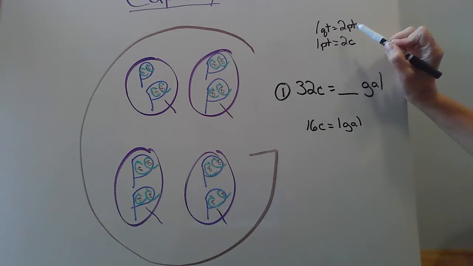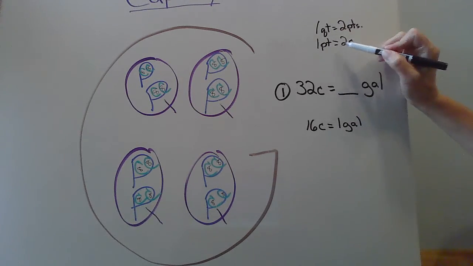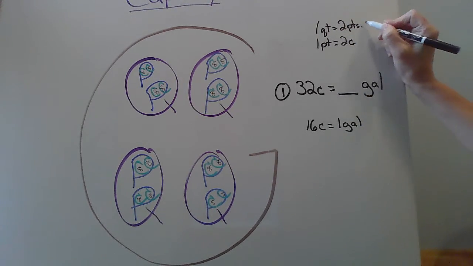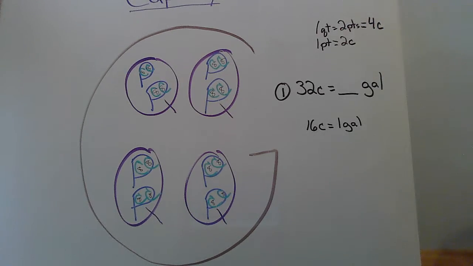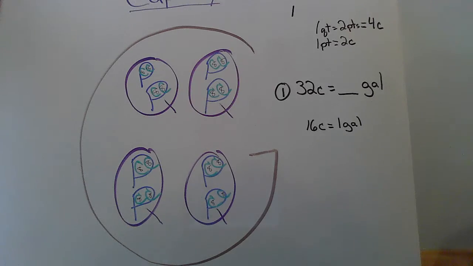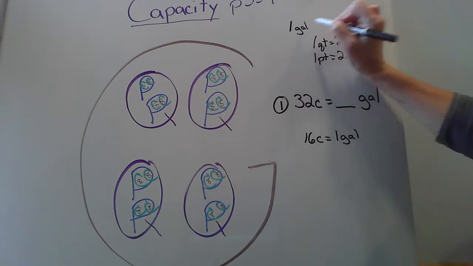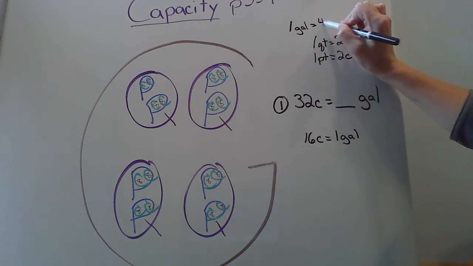So in order to do that, if I have 2 pints, how many cups would that be? Well, 1 pint is 2, so I would do 2 times 2. So that tells me that's the same as 4 cups. So if I keep working my way up, and it tells me the next thing is 1 gallon, hopefully you can see this, 1 gallon is the same thing as 4 quarts.